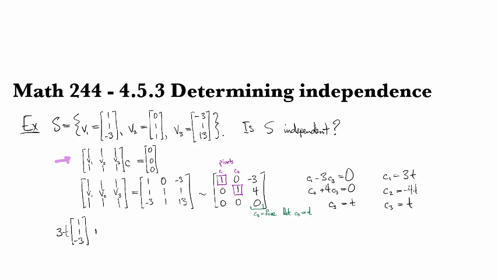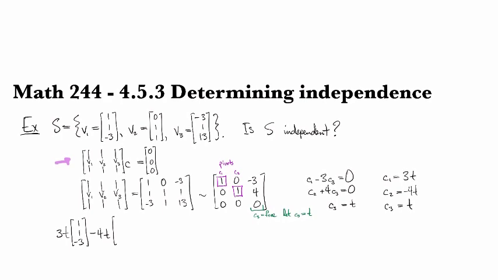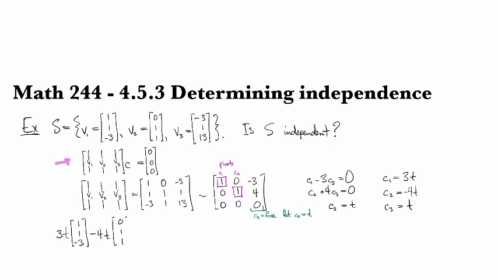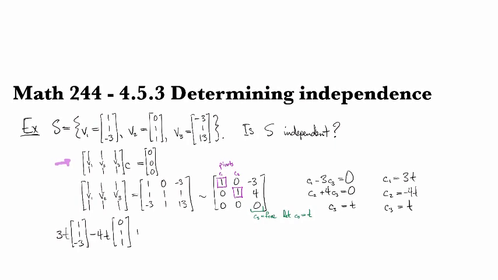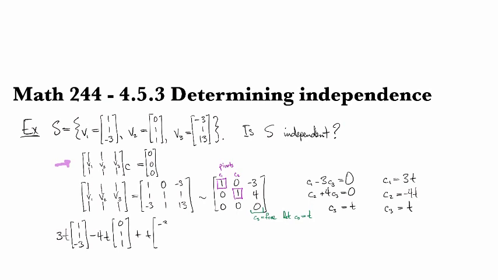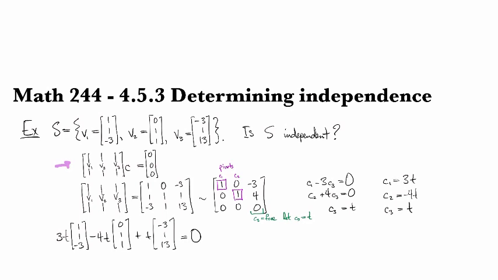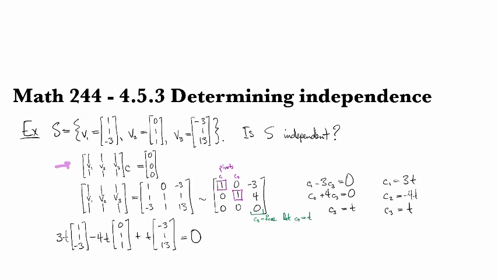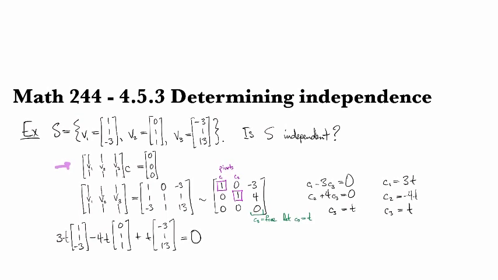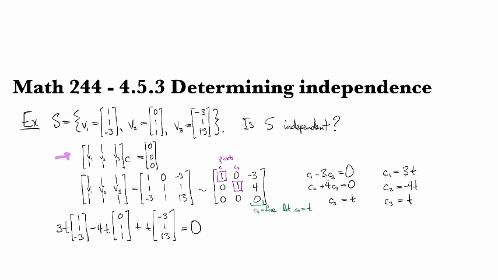So that tells us that if we take 3t times our first vector, minus 4t times our second vector, and t times our third vector, we'll get 0. And that works for any t. So not only did we find a non-trivial solution, but we found an entire one-parameter family of non-trivial solutions because we can take t to be any value.